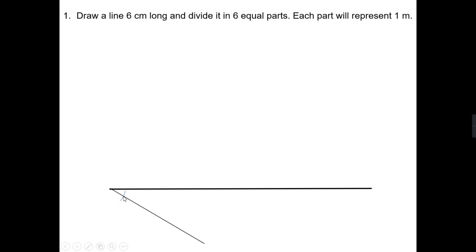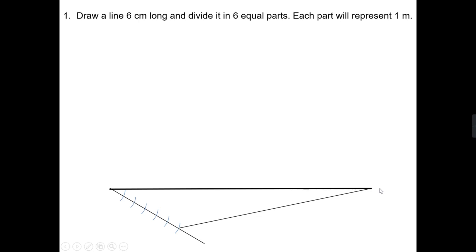Then again I will put my rounder here. Then again I will cut an arc of 0.5 centimeter. Like this, I will continuously cut the line until I get the 6 equal parts. After cutting it into the 6 equal parts, I will join the last point to the last point on this line, like this.